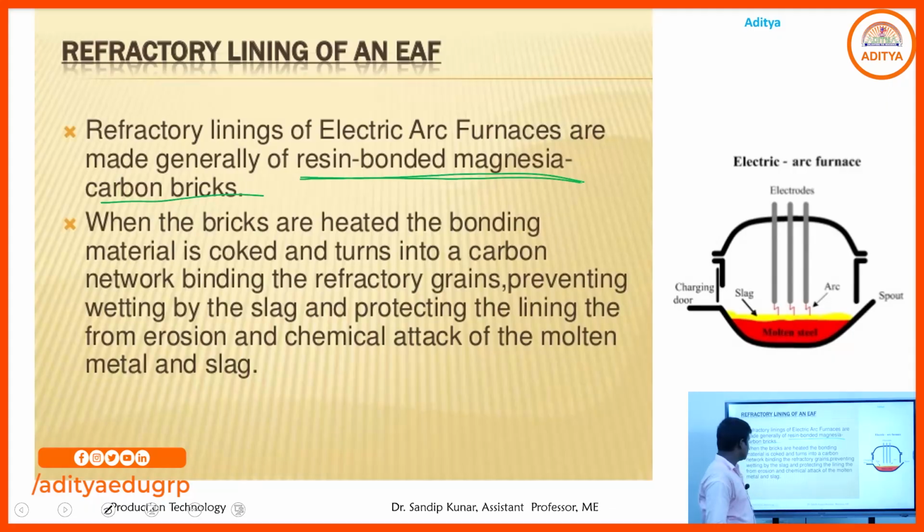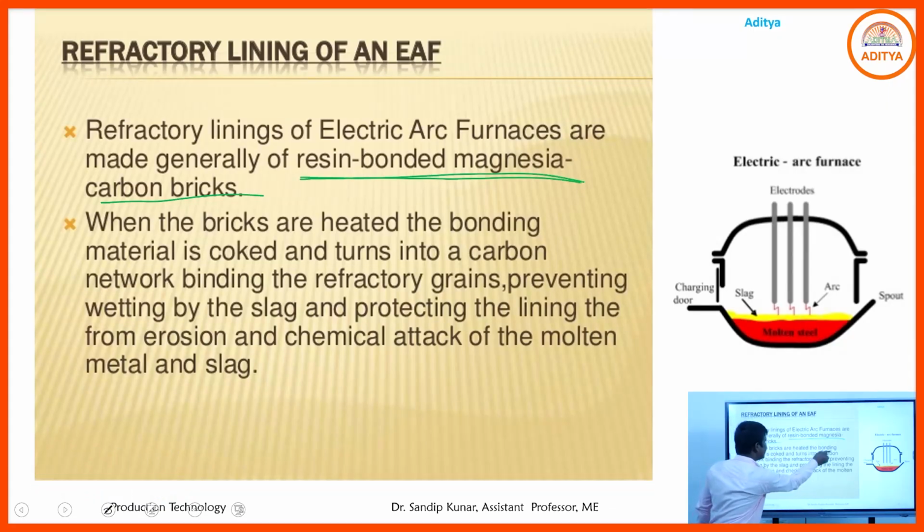When the bricks are heated, the bonding material is cooked and turns into a carbon network bonding with the refractory grains, preventing wetting by the slag and protecting the lining from erosion and chemical attack by the molten metal.